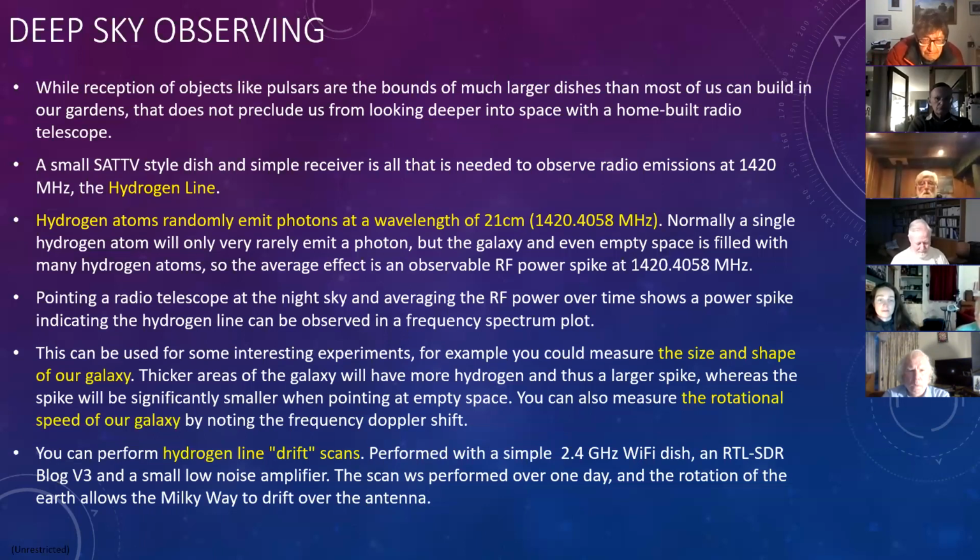Now, many of you will have heard of the hydrogen line. And hydrogen line is radio emissions that we would see due to the energy that hydrogen atoms emit, and that's a wavelength of 21 centimeters, which is 1.4 gigahertz.